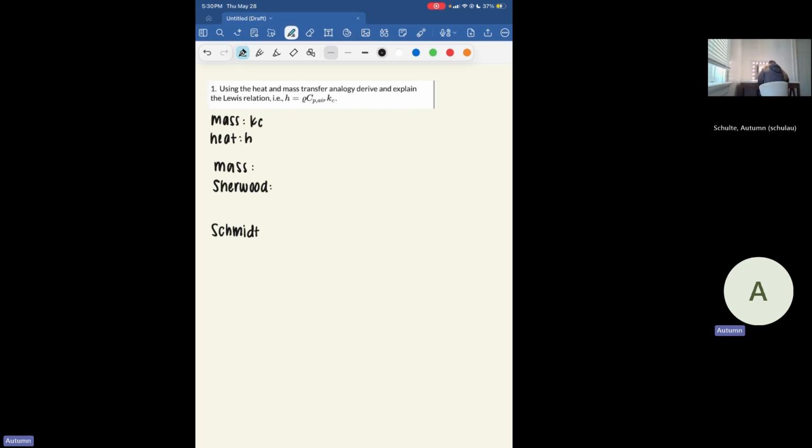The Sherwood number is the mass transfer coefficient K sub C multiplied by the length divided by your diffusion coefficient of components A through B. In word terms, this is equal to the convective mass transfer divided by the diffusive mass transfer.